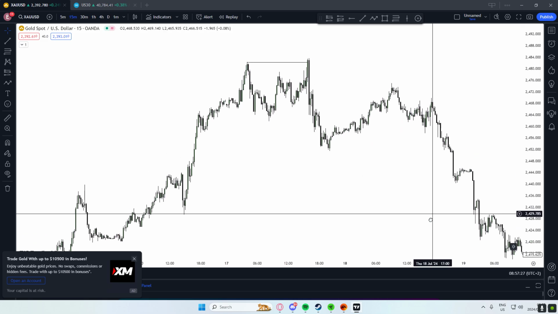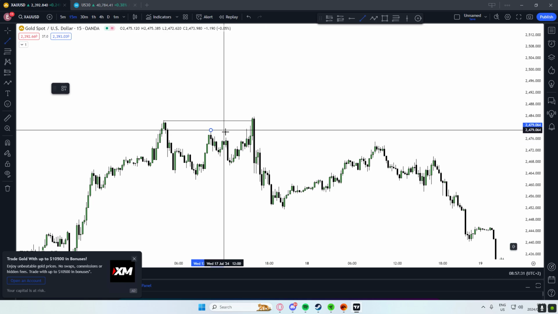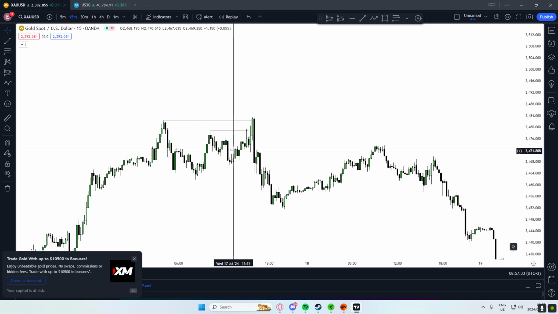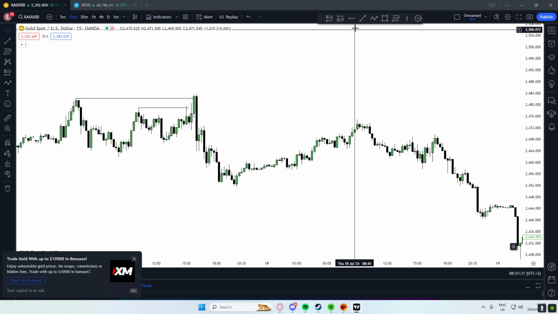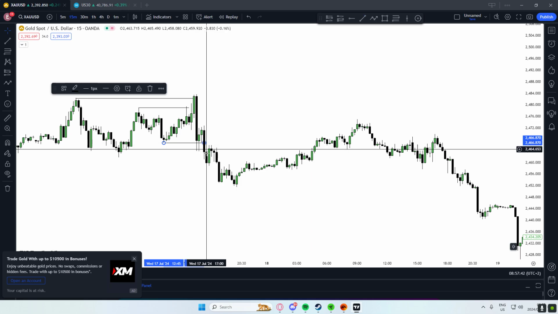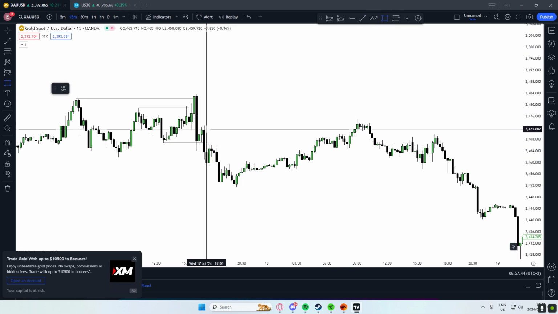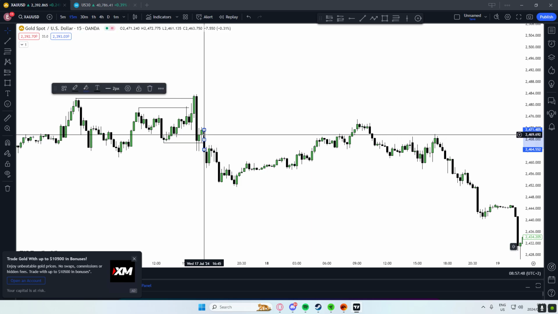There we had the external level swept and the internal. Look, the internal level was created here. We had a sweep of the internal and external. Then we saw the market push to the downside, make a break of structure with this candle closure. This candle closed below this level, which indicates it's a break of structure.